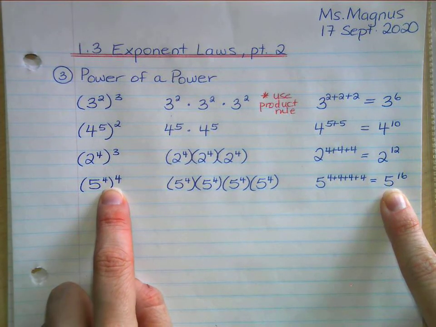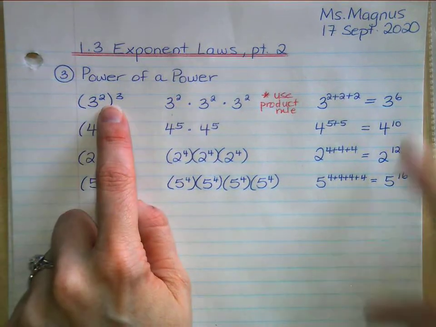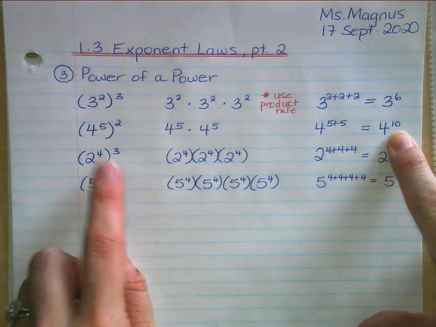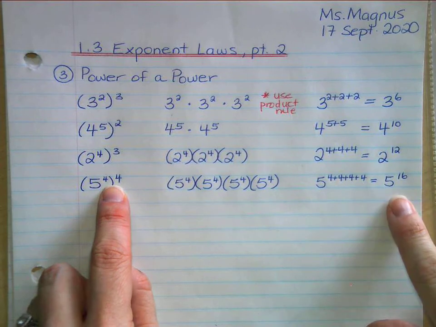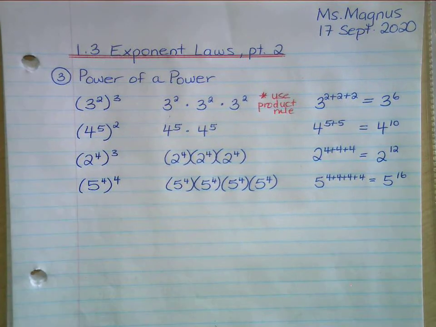Just multiply. Can everybody see that? 2 times 3 is 6. 5 times 2 is 10. 4 times 3 is 12. 4 times 4 is 16. So that's the power of a power rule. Have an exponent on an exponent, power of a power. We just multiply them together.